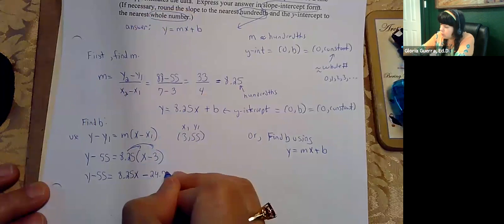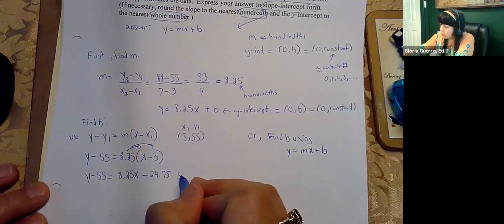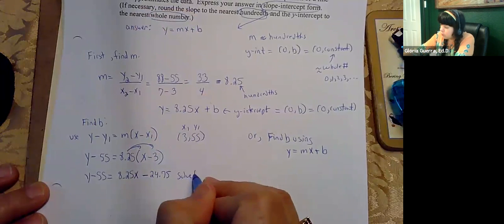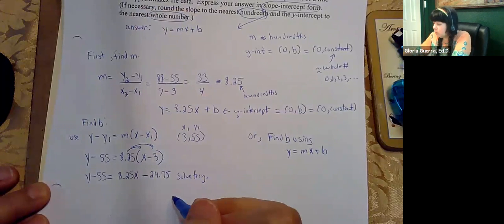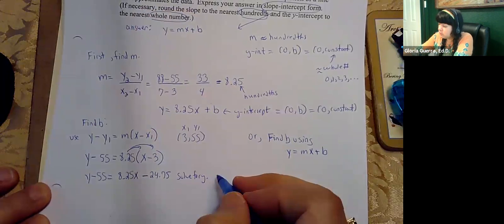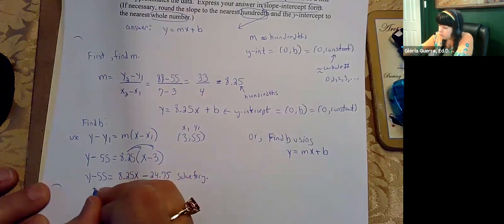And remember, you're going to have to solve for y here. Remember, they want slope intercept form. They want y equals mx plus b. So you got to solve this for y.